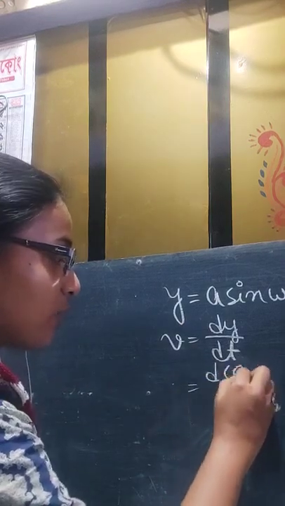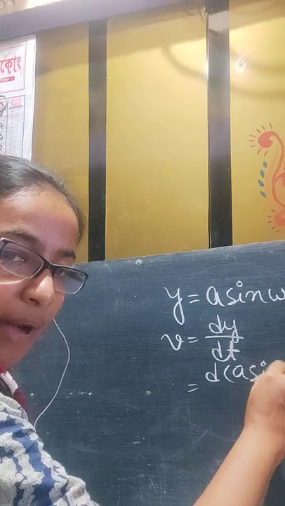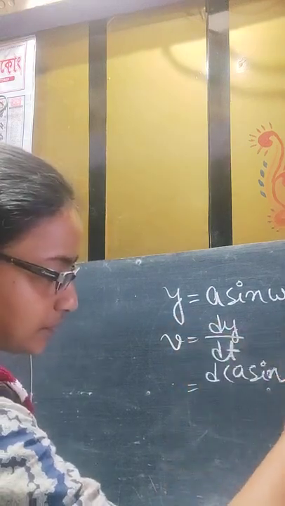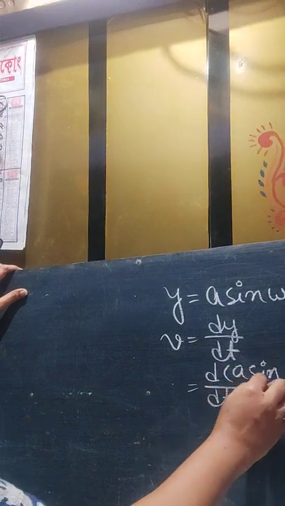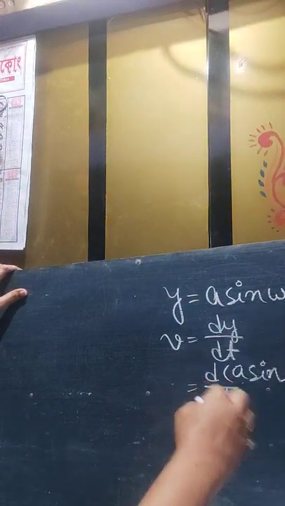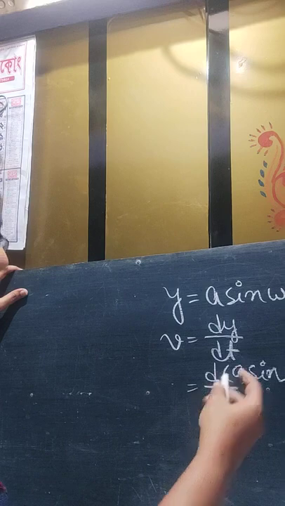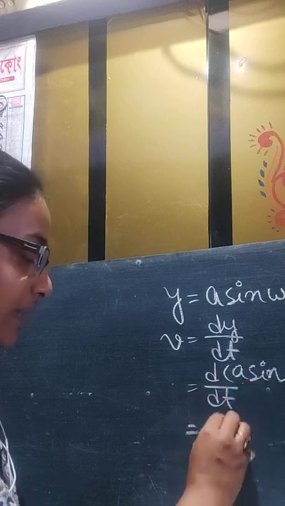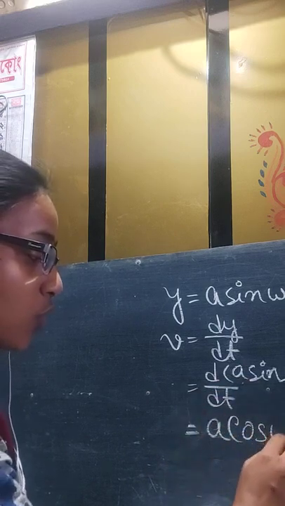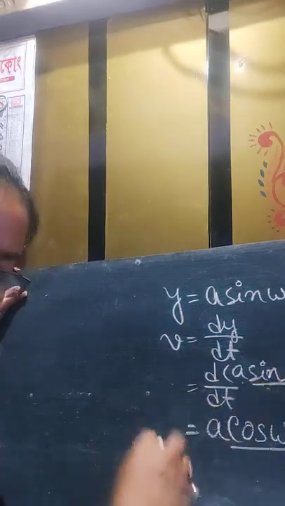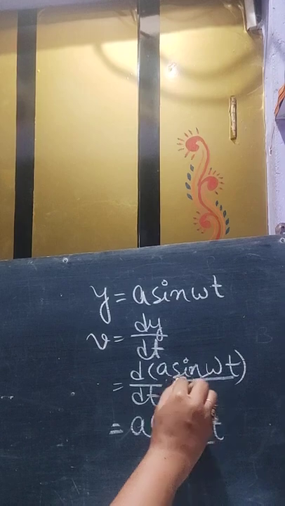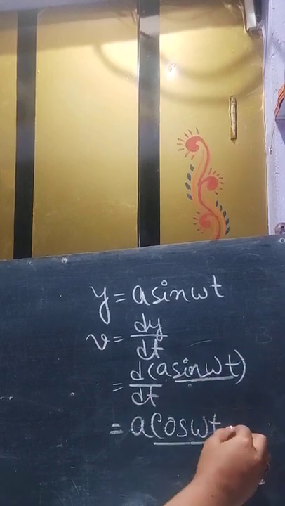So, instead of y, we can replace it by this, d/dt of a sin omega t. Now, a is constant. What will be the differentiation of sin omega t? For sin omega t, the differentiation is cos omega t.